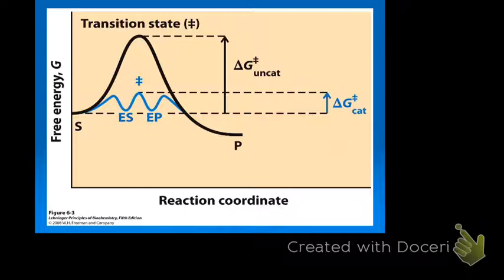Okay? So for example, we could say that it binds. There's the ES complex. But the EP, and then we get the P right back there again. So they don't have to be the same height, they don't have to be the same depth. And that could also tell you which of the enzyme-bound complexes is more stable than the other. Is ES more stable or is EP more stable?